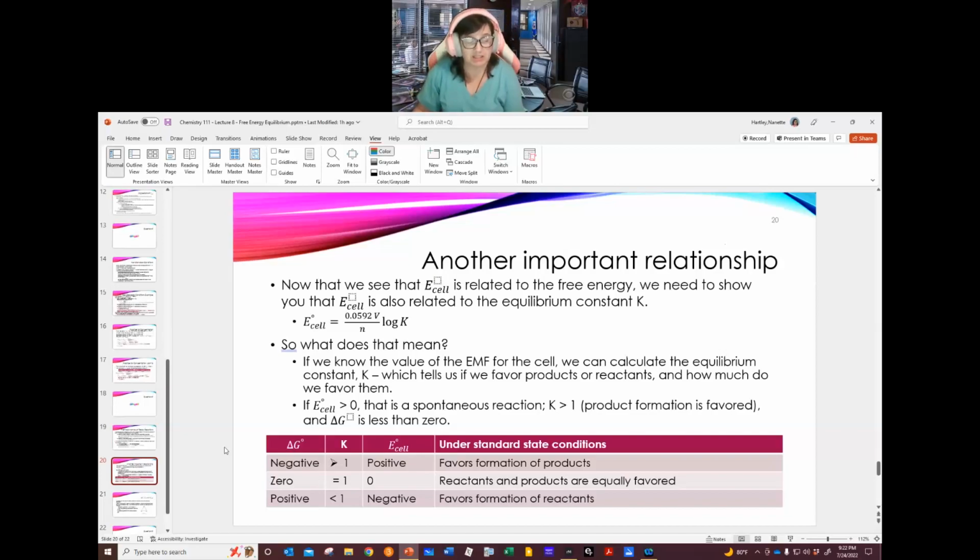If delta G is 0, K is equal to 1, and E naught cell is 0, we are at equilibrium and neither reactant nor product is favored. If delta G is positive, K is less than 1, and E naught cell is negative, we favor the formation of the reactants. We're going to go backwards.